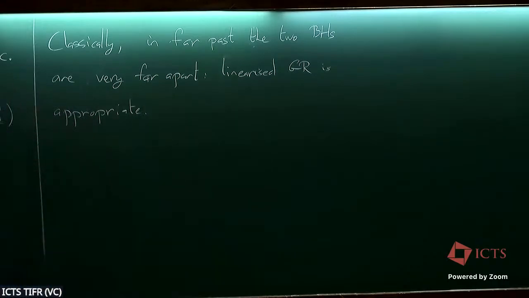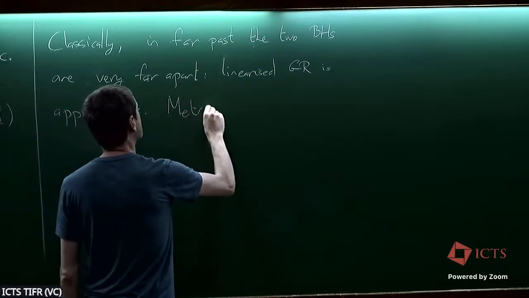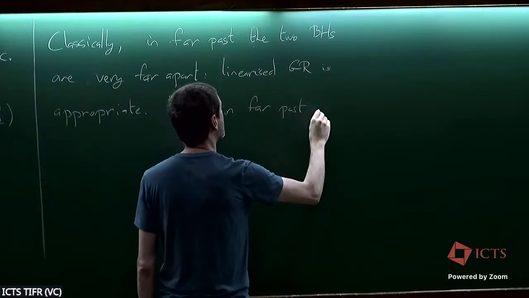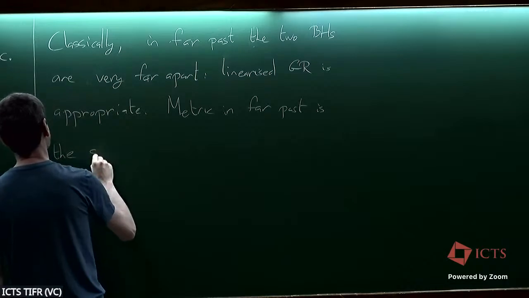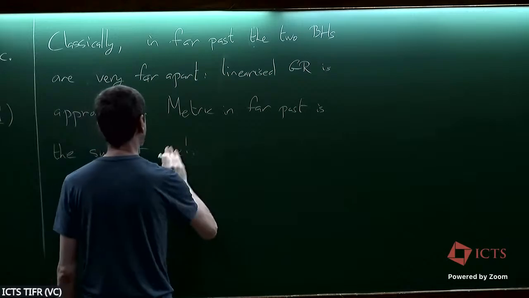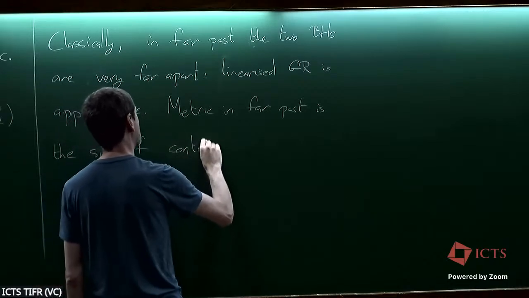So the metric in the far past is going to be a linear combination, just a linear sum. It's the sum of the contributions from each object.